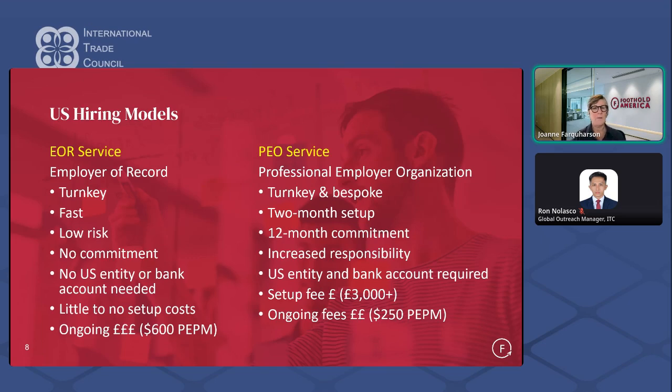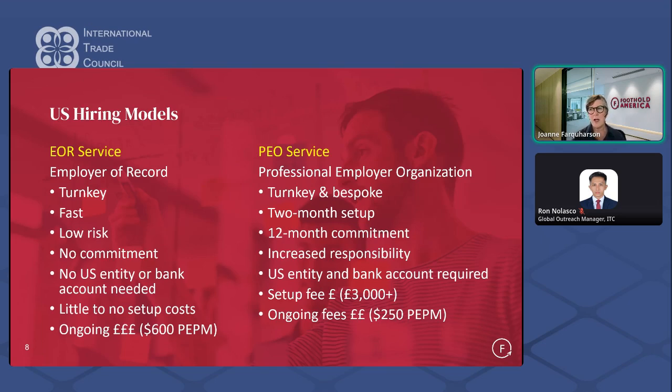And we help companies move from EOR to PEO all the time. Sometimes they go back from PEO to EOR because things have slowed down, and they want to have a little bit more freedom to leave the market if they want to.